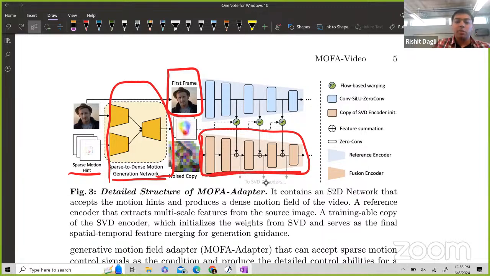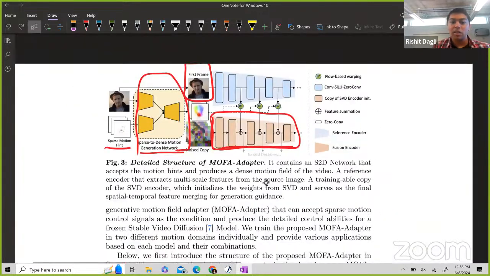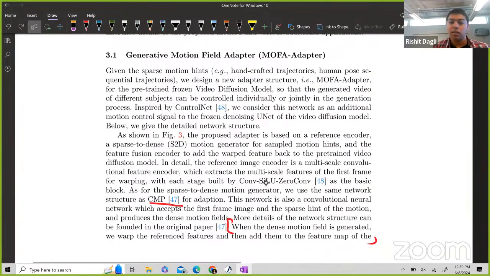Then you take the warping and train this fusion network, which is just a way of passing it into SVD because you need joint embeddings. This takes care of passing it into SVD. Essentially that's how both of the models, the one where you do portraits and the other where you do standard objects, are built.